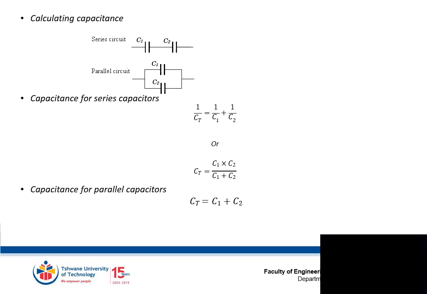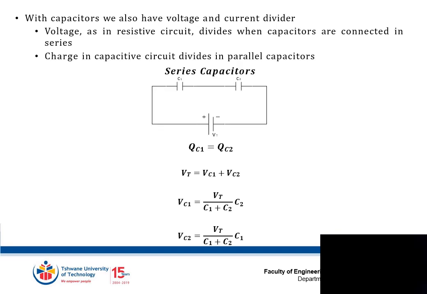So the formula will be 1 over Ct equals 1 over C1 plus 1 over C2, or it can be C1 times C2 divided by C1 plus C2. Then for parallel capacitors, the total will be C1 plus C2. This is the same as resistors in series, so we use the opposite of resistors.